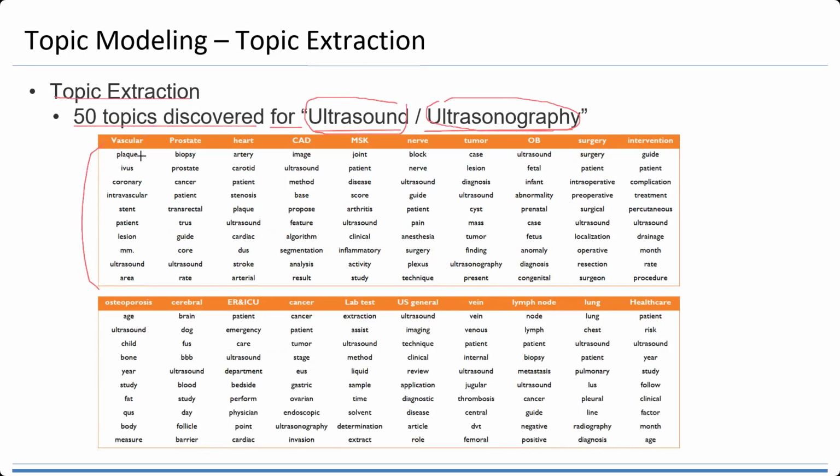Most of those words like plaque, IVUS, coronary, intravascular, and so on, are in this topic. So we can extract the topic based on the words.